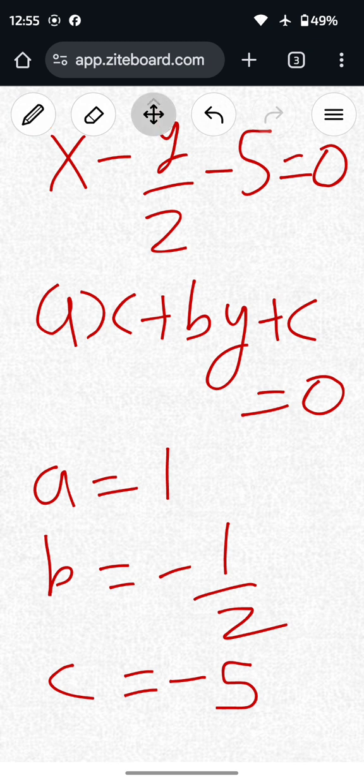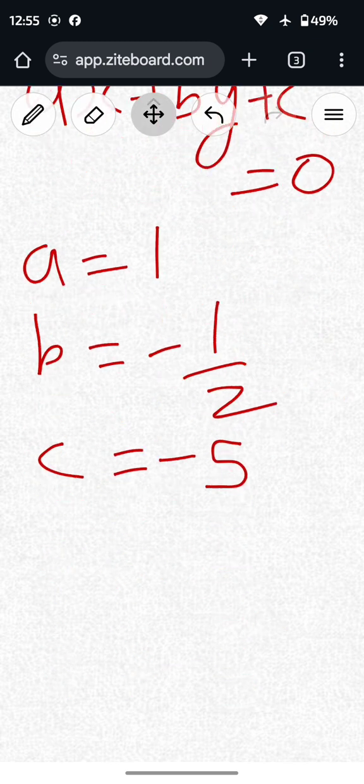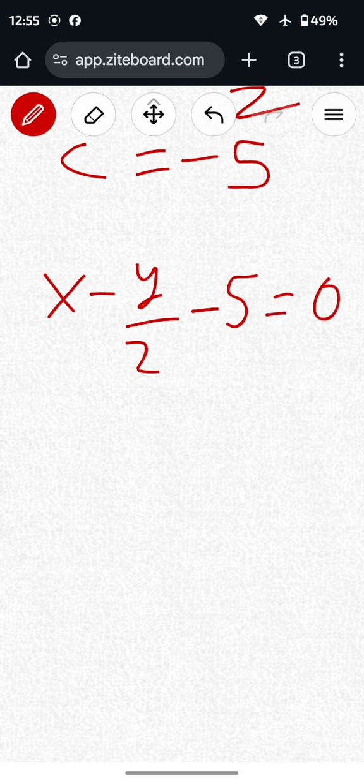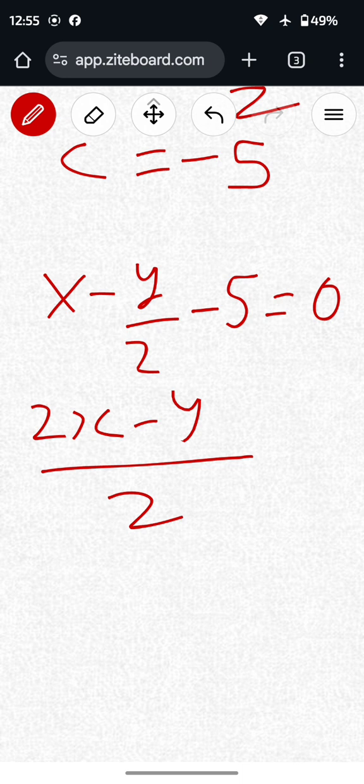You can write it also as x minus y upon 2 minus 5 is equal to 0, taking the LCM as 2. So the equation will be 2x minus y minus 10 is equal to 0.